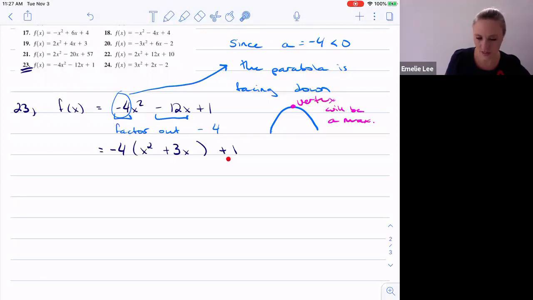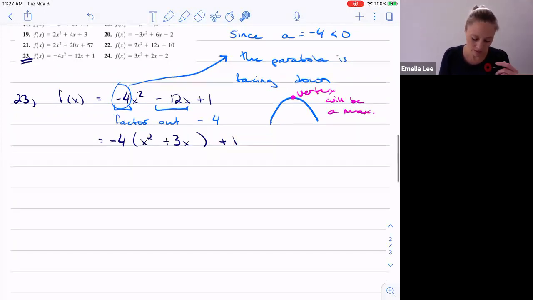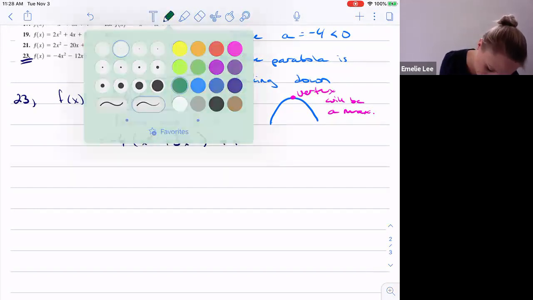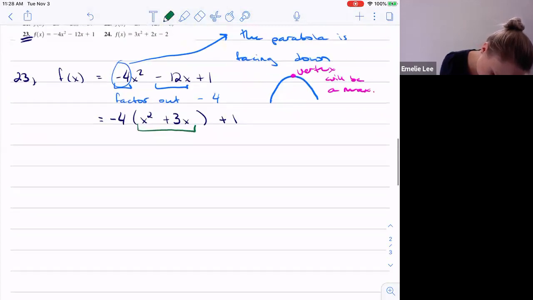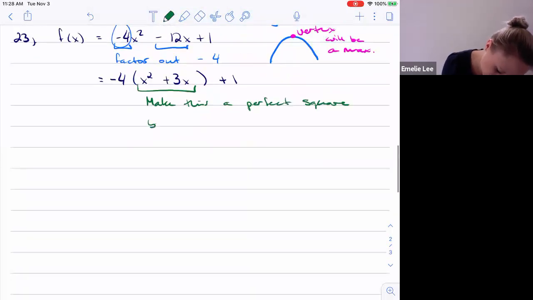And then I can add the +1 outside. That way I don't have to factor out a -4 from all of it. I can just leave it as +1. Now I have to make this a perfect square by completing the square.